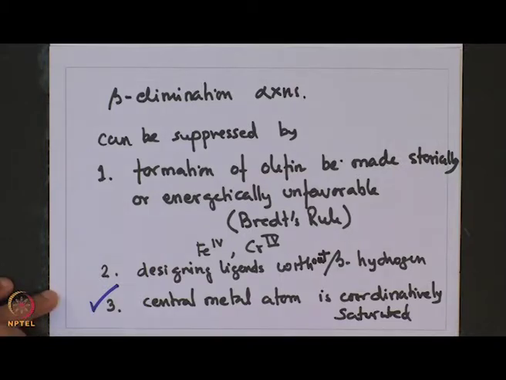Now, with this in the background, we come to another interesting strategy for today's topic: if the coordination of the central metal atom is made saturated, beta elimination can be stopped. So, this strategy is about inhibiting beta elimination by coordinatively saturating the central metal atom.